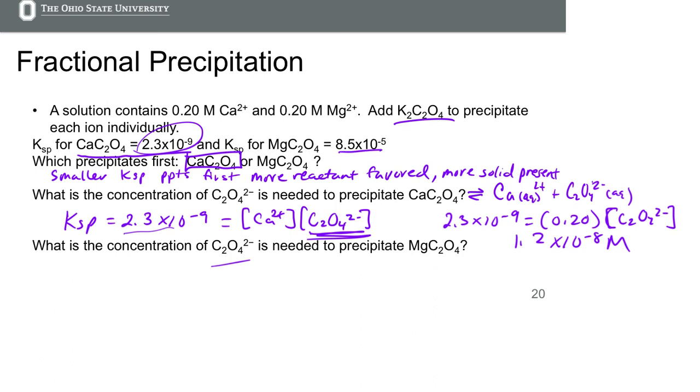And so we can solve this the same way, ignoring that we've solved for calcium and ignoring that some of that oxalate has gone away. We're just going to basically ask the same question using a different value for K and for our magnesium oxalate. So our KSP is equal to 8.5 times 10 to the minus 5, which is our magnesium concentration times our oxalate.